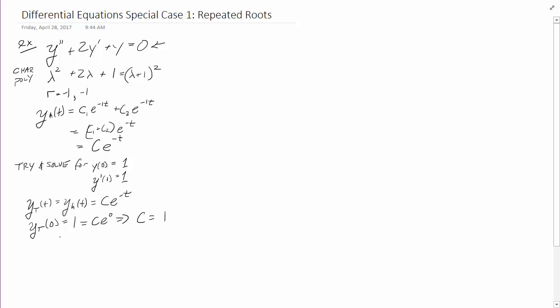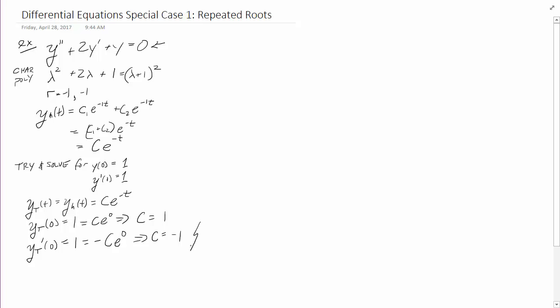Now, we've fully specified c, and there are no more unknowns, but yet, if we try to meet the first derivative initial condition, that has to be 1 as well, but the first derivative of our homogeneous solution is minus c. So this tells me that c has to be minus 1.